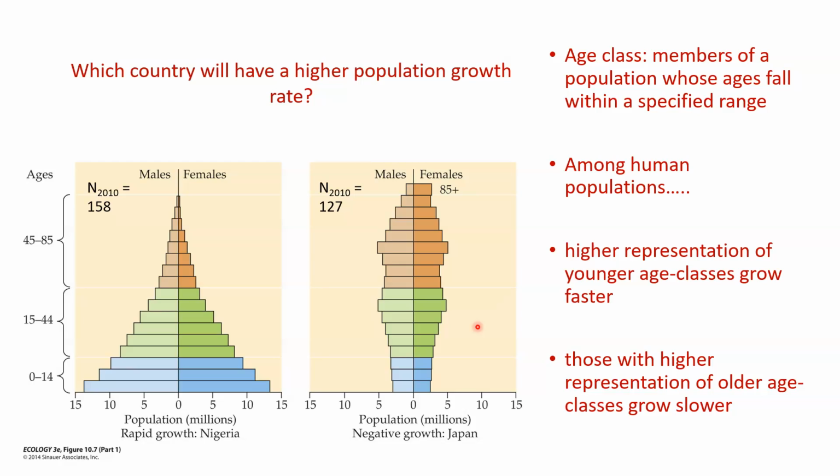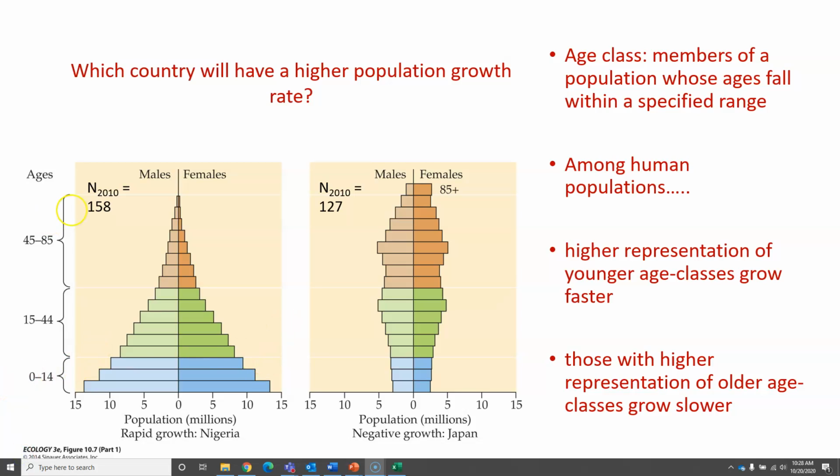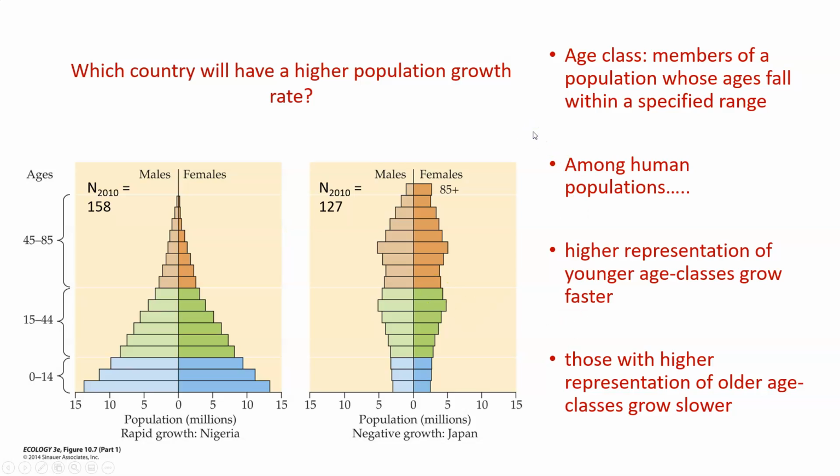All right, that's a really cool example to highlight my point regarding how important the age structured distribution is to predict what happens to the future in that particular population. So in fact, it's estimated through population modeling, mathematical modeling, that by 2050, Nigerians will have a population size of about or upwards of 300 million.